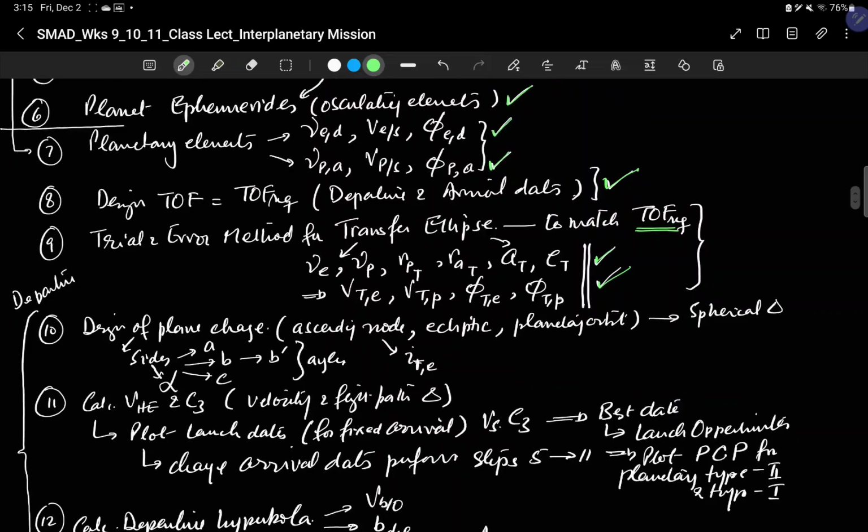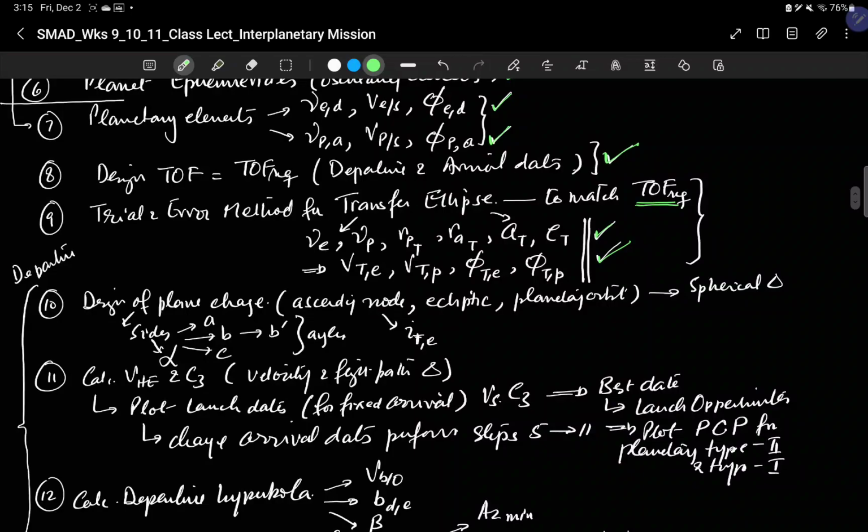And then we did the departure trajectory in the last lectures, in which we did the design of the plane change. The plane change gave us a spherical triangle, and the spherical triangle then helped us solve for the inclination that was required from the Earth on its transfer to the transfer ellipse.